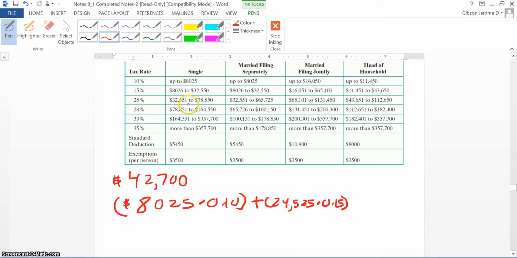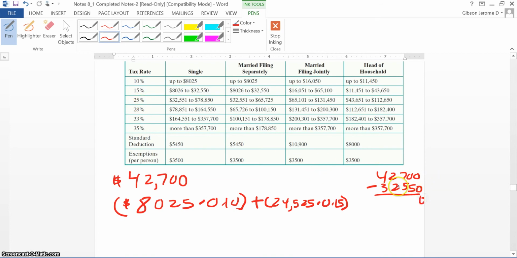So what we would do is take the $42,700 and subtract the $32,550, and we get the $32,550 because when we add up these values, the 8,025 and 24,525, that would give us $32,550, and we would take the remainder, which will be multiplied at 25%.